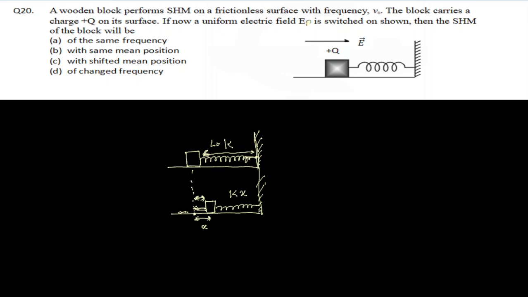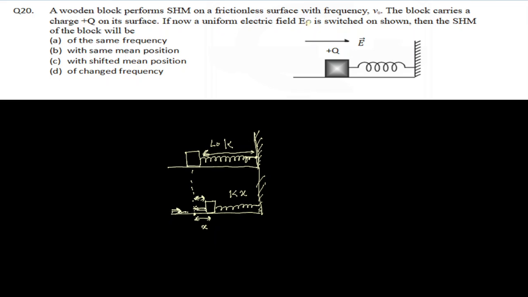As soon as it crosses this line and travels towards the left, the spring will get elongation. The length of the spring will increase, so again the spring will try to get back its original length. Because of that, the force on the block will now be towards the left.